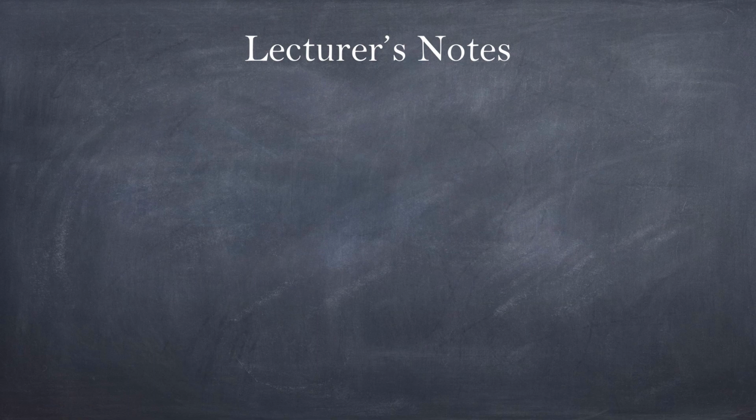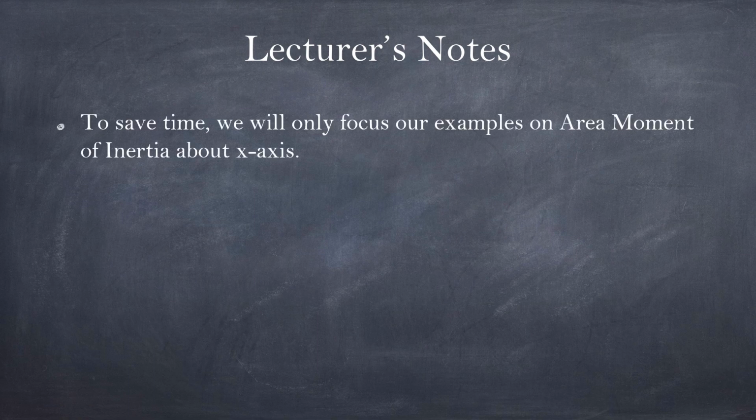Okay, before we move forward, I still want to make certain notes about what the lecture is about now. Because we don't have much time, I want to already discuss the area moment about the x-axis. However, it's only the demonstration that will focus on the x-axis.